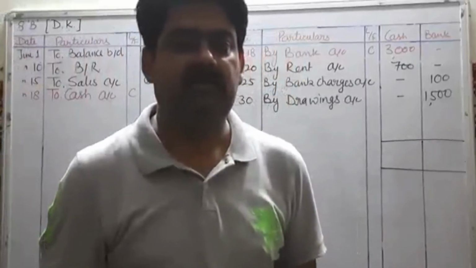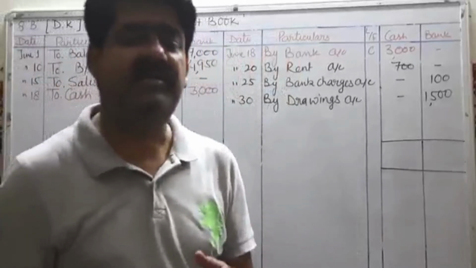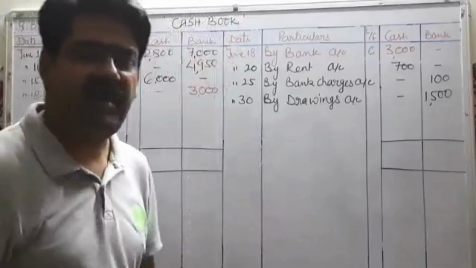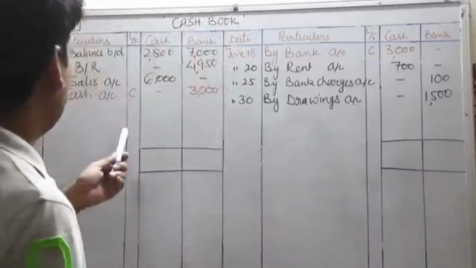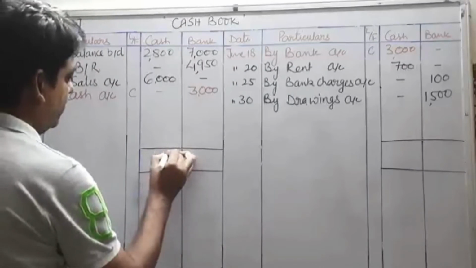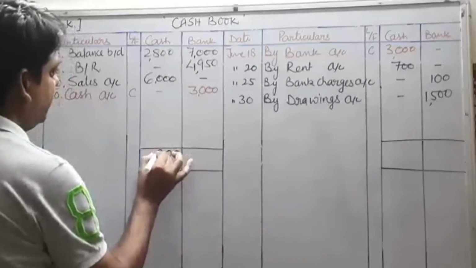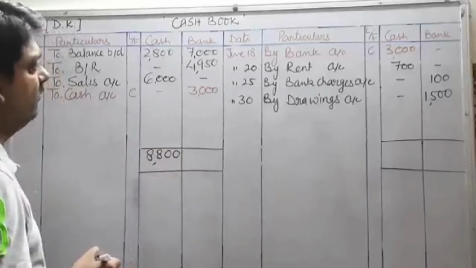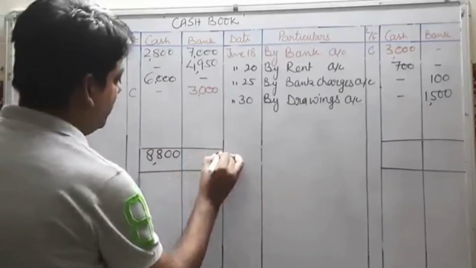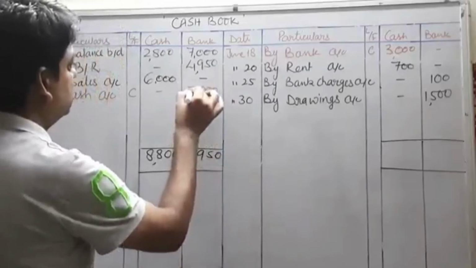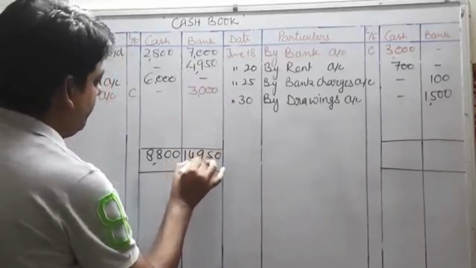So my dear students, after writing treatment of all the transactions, now we will calculate closing balances of cash as well as bank. So first of all, we will take total of debit side, cash column 8,800. Okay, now after this I will take total of bank column, and that will come 14,950.